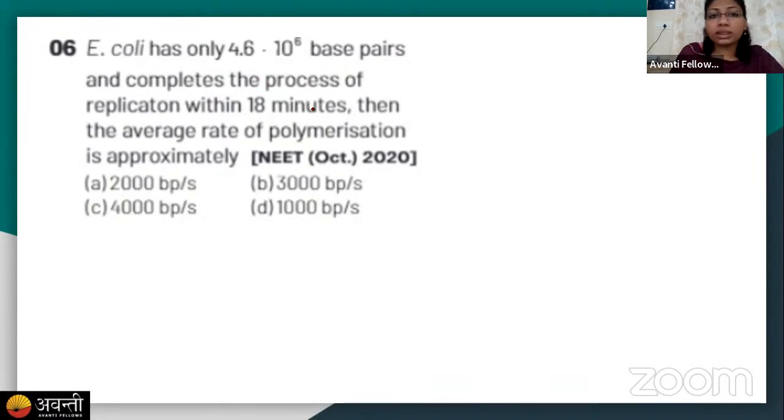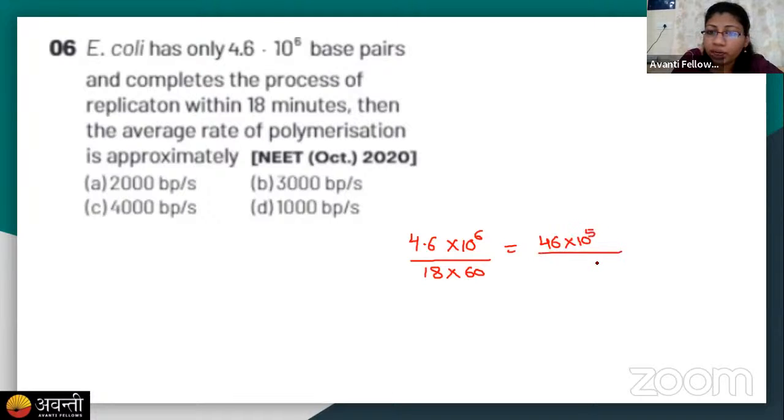As we have the base pairs, that is 4.6 into 10 raised to power 6, and the time consumed here is 18 minutes. We divide it in seconds because we have to find the answer in seconds. So 1 minute is equal to 60 seconds. So 18 into 60 is 1080. So we divide 4.6 into 10 raised to power 6 by 1080.